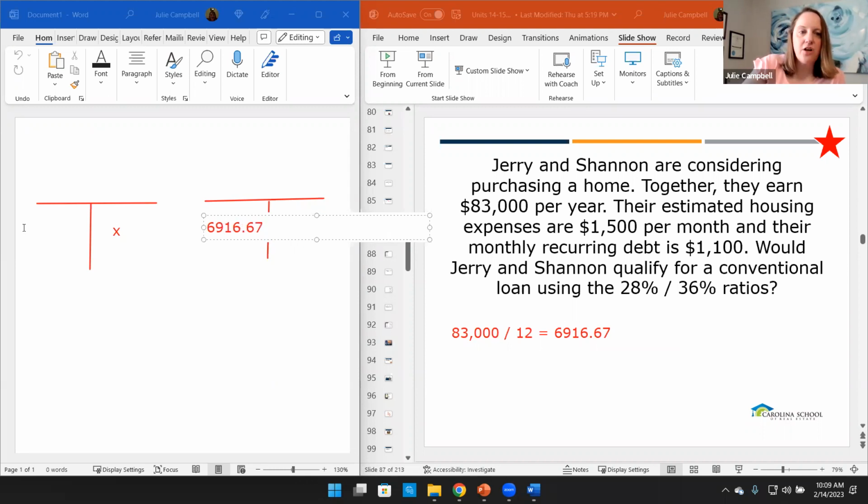And because we're talking about the same borrowers, the monthly income is going to be the same for both, because we're talking about the same people. Questions on how I got the monthly income, $6,916.67?